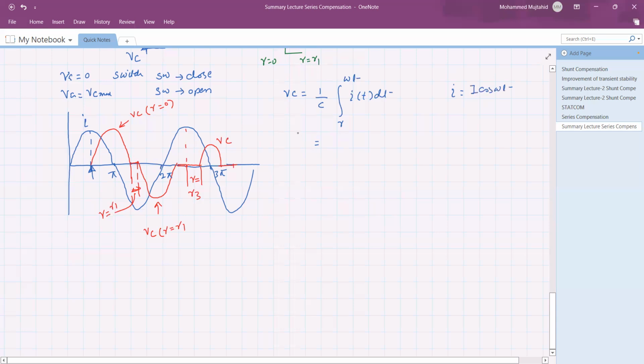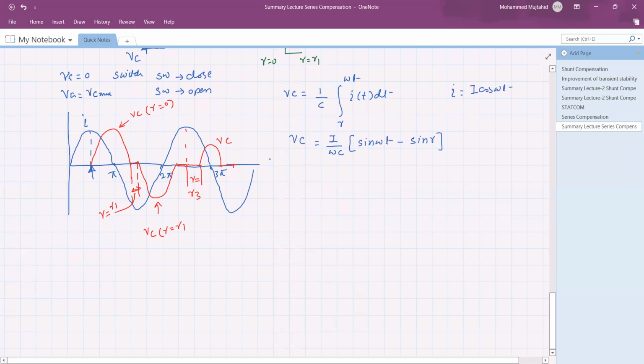By putting this value, we get I upon omega C into bracket sine omega t minus sine gamma. This is the voltage across the capacitor, isn't it?